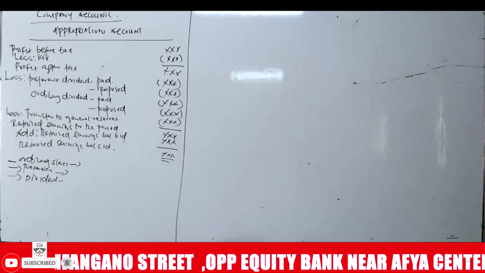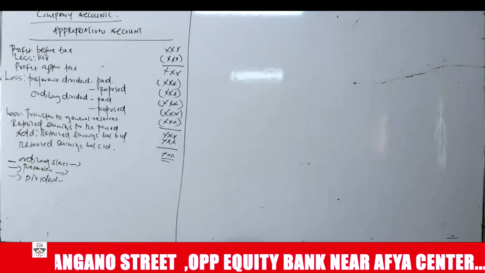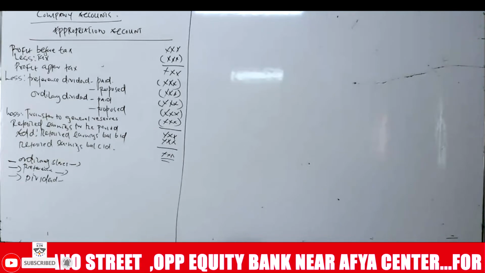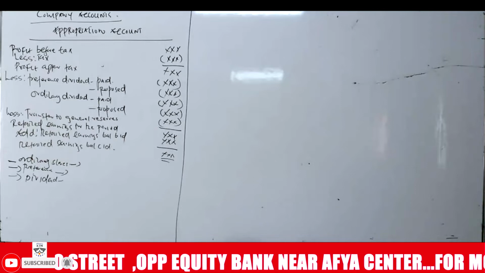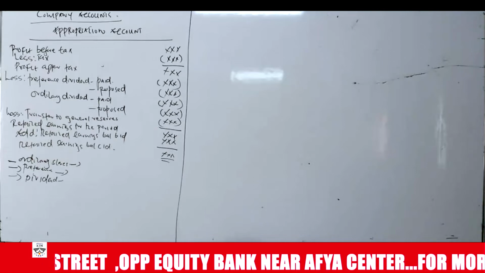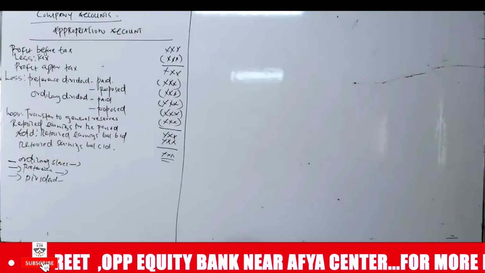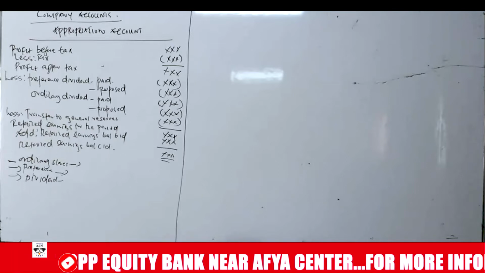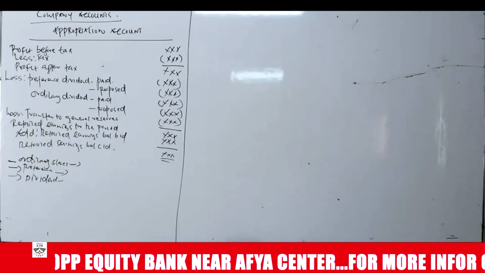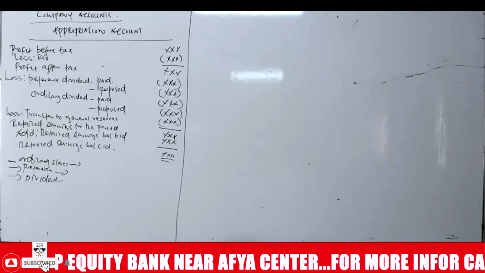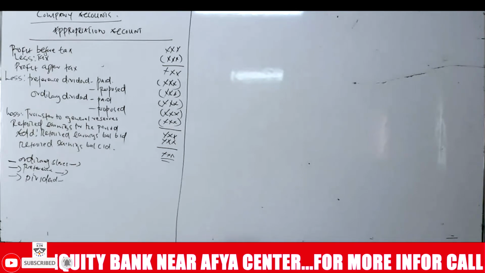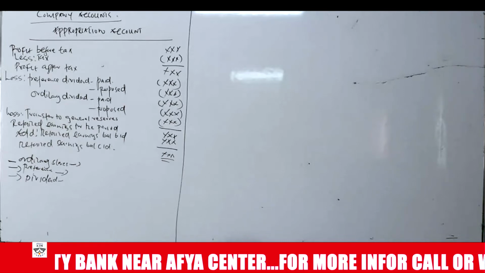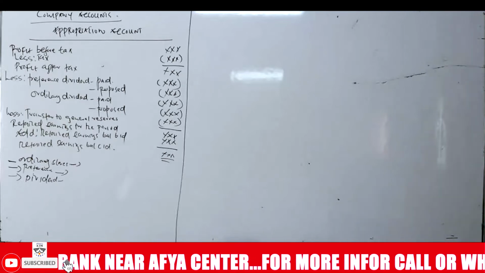Number 8, provision is to be made for outstanding debenture interest and corporation tax of 22,975,000. Number 9, the directors have proposed a final dividend of 2.5 shillings per share. Required: income statement for the year ended 30 September 2017, 12 marks, and the statement of financial position at 30 September 2017, 8 marks. Total marks 20. So it's a very important question.